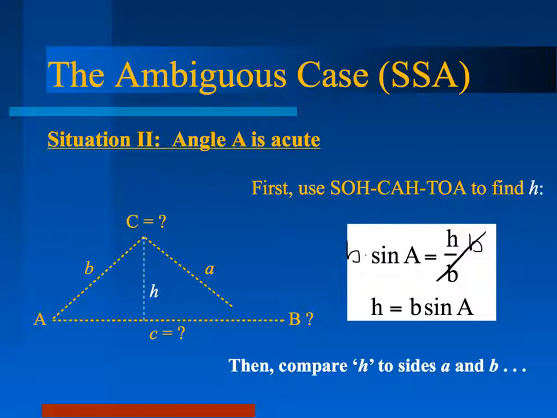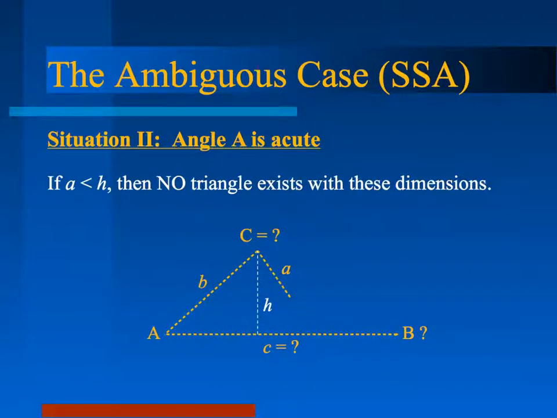of the triangle. And I'm going to compare it to the two sides that are given to see if my little a is long enough to make triangles, or if I have other problems. So if little a is too small, then little a is not going to reach, and I have no triangle.